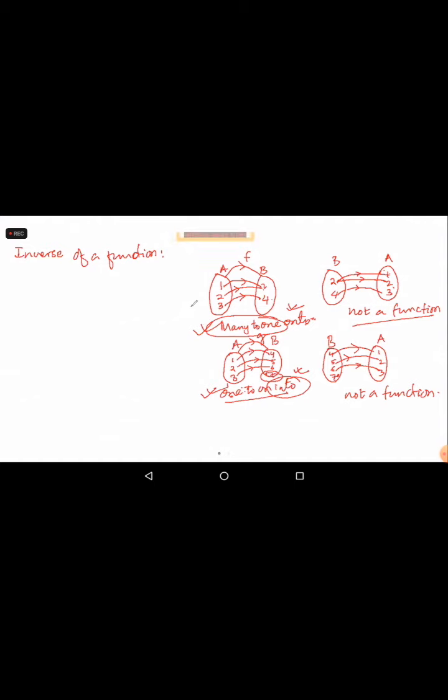To find the inverse of a function, first of all you have to be sure whether the given function is 1 to 1 and onto or not. If it is, the function is invertible and its inverse is also a function. If the function is many to 1, its inverse does not exist. If the function is an into function, its inverse does not exist. Okay.